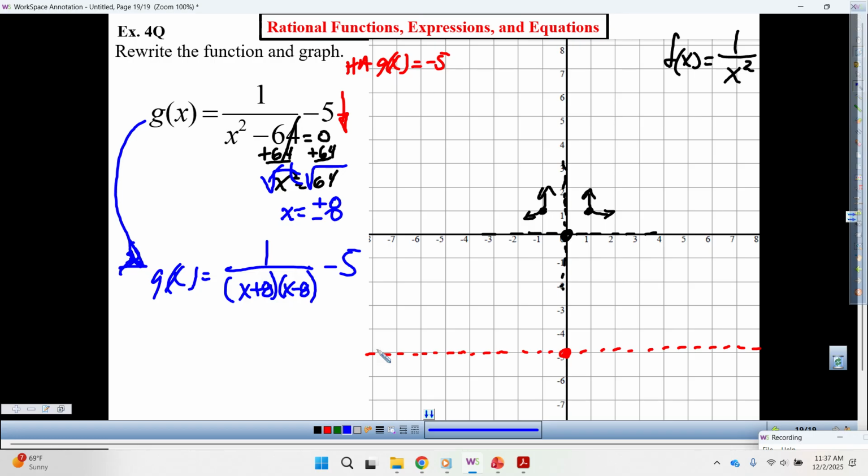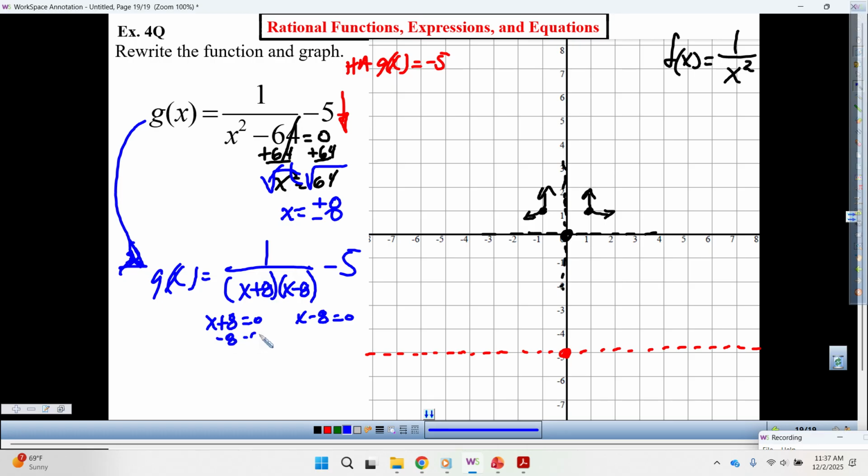What do we do from there? All right, Miguel. Okay, but what do we do with this? How do we graph them? Very good. Set them equal to 0 and solve. Very good.